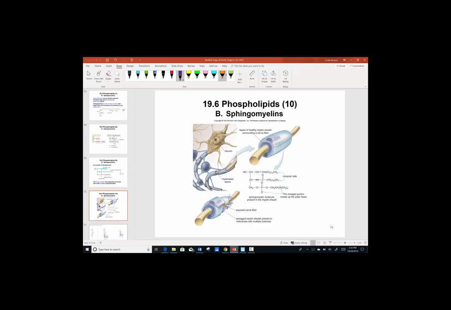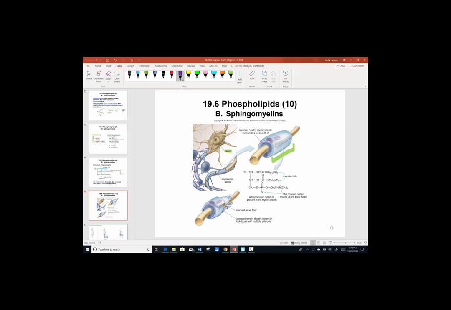So if we take a peek at a basic cell here, a nerve cell from biology, this is known as a neuron. And the neuron, of course, is responsible for creating electrical impulses that will stimulate an action where the fiber ends. A myelin sheath surrounds the nerve cell and insulates that. And that insulation then says, as the electrical impulse originates from the nerve cell, it is allowed to just jump from axon to axon there.